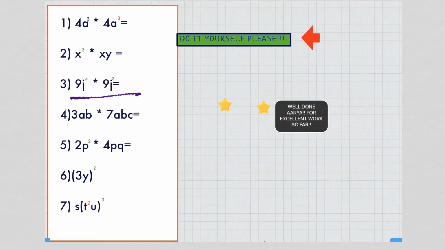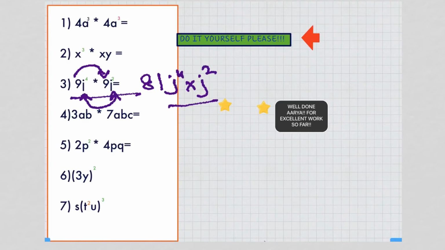So this is the first one. Please remember, what we have to do is numbers with numbers, so 9 times 9 is 81, and letters with letters, the same term with the same term, j^4 times j squared. As we just did, we can write it as 81j^6.